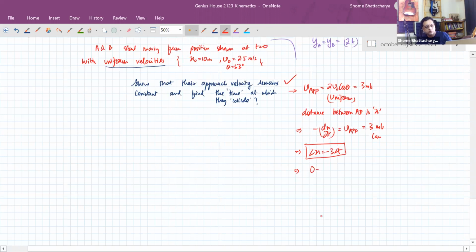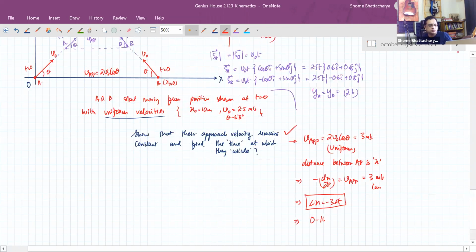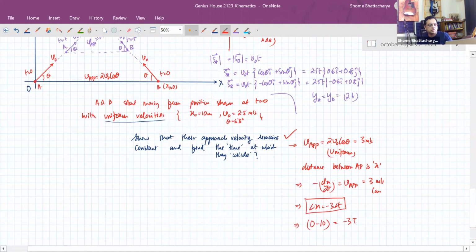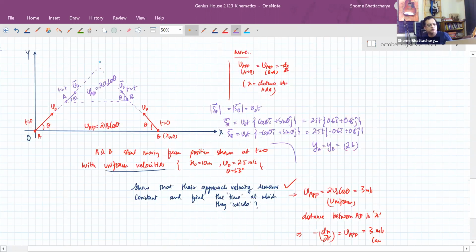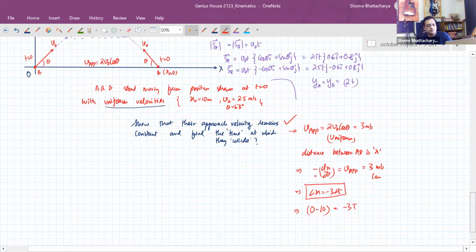Ten meters. Okay. So suppose, continuing further like this, they collide at some time capital T. From 0 to capital T, you can see that the distance between them has changed by minus 10, but it's changed at the rate of minus 3.